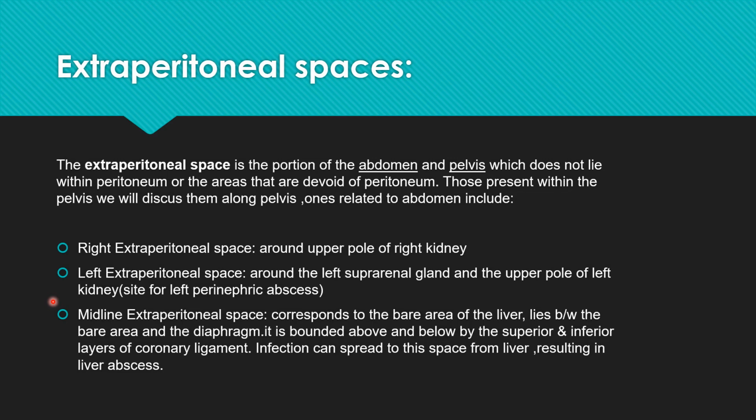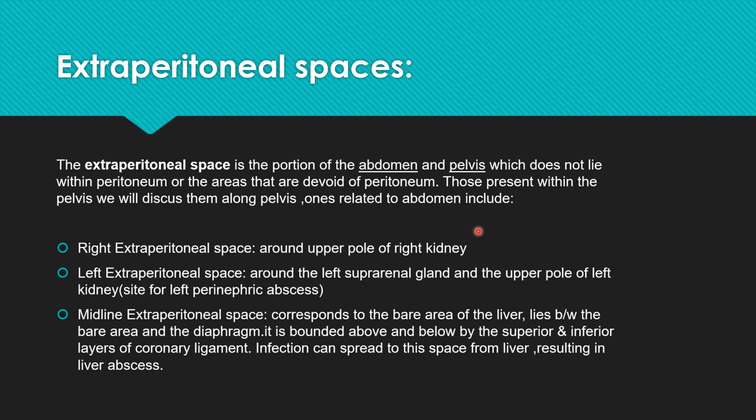Those are the intraperitoneal spaces, meaning spaces surrounded by the peritoneum, while we also have the extraperitoneal spaces, which are the portions of the abdomen and pelvis that do not lie within the peritoneum, or areas devoid of peritoneum. They won't have peritoneum around them.